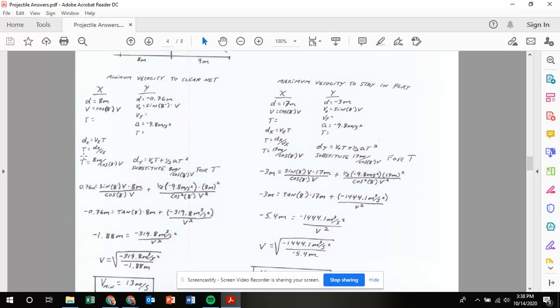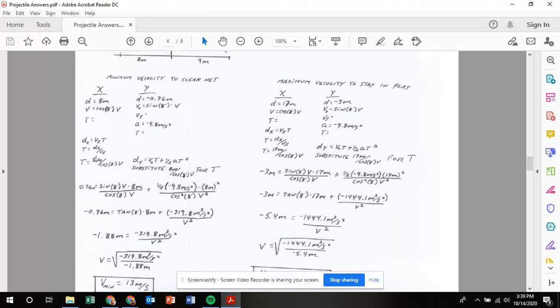This is going to be very similar to when we did problem number 6, when we had to take the time, even though we didn't have an exact number, and plug it in from the x direction into time in the y direction. So if you got number 6, then this one will hopefully make some sense for you.